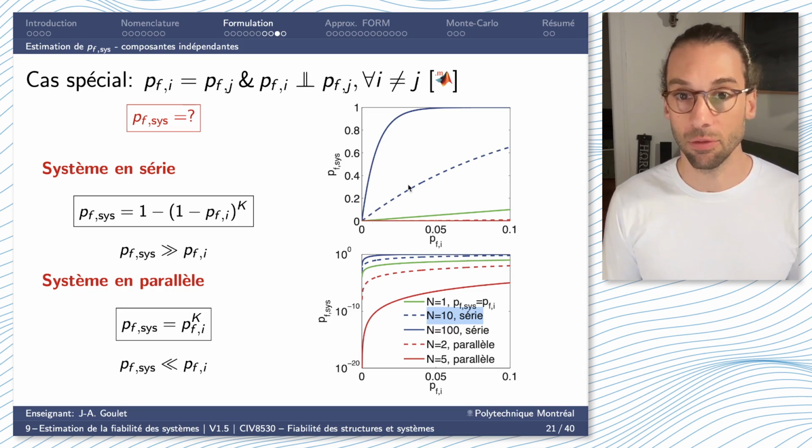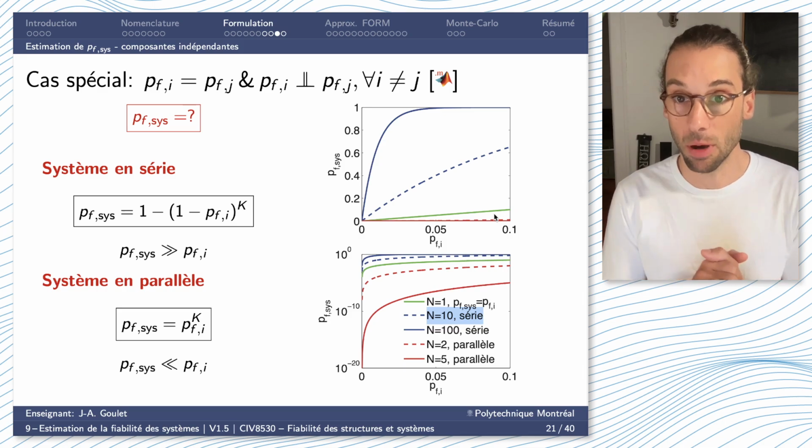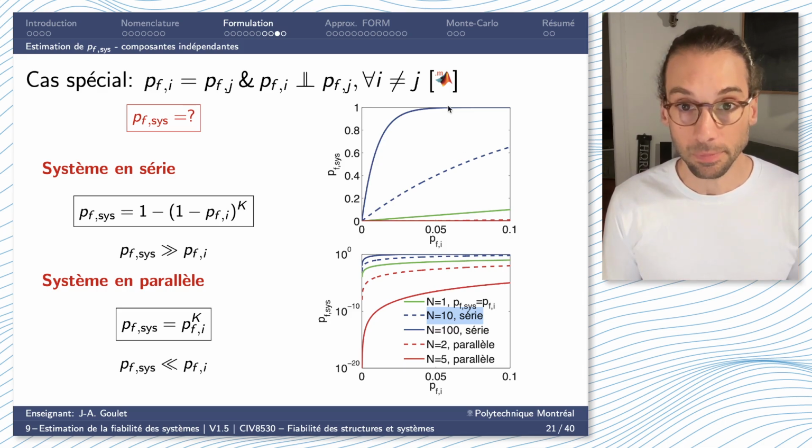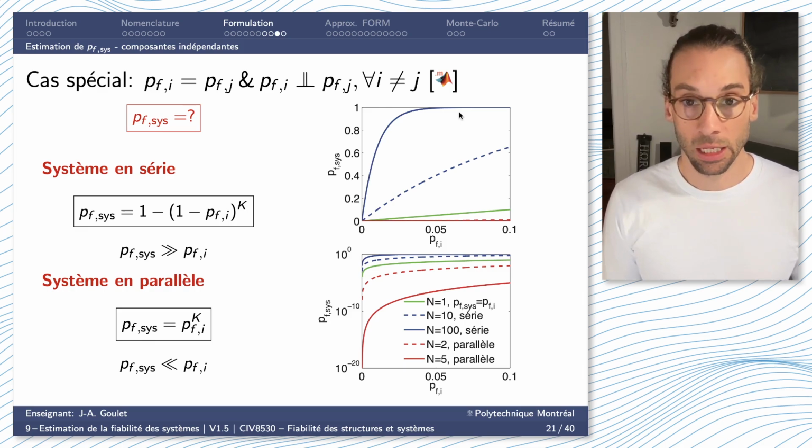We see that if we're in series, then the failure probability of the system is going to be much greater than the green line, which is the component failure probability. If we go with 100 components instead of 10, we quickly saturate to 1 as the failure probability for the system.